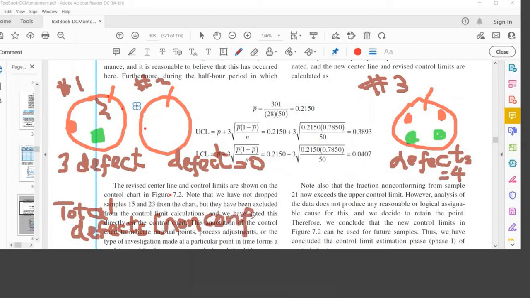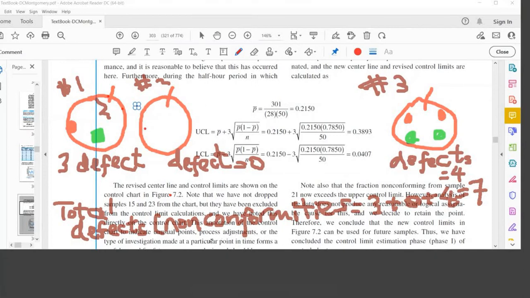Total number of non-conformities equal to 3 plus 0 plus 0. Okay, 3 plus 0, plus 4. So altogether you have 7 defects, or 7 non-conformities.